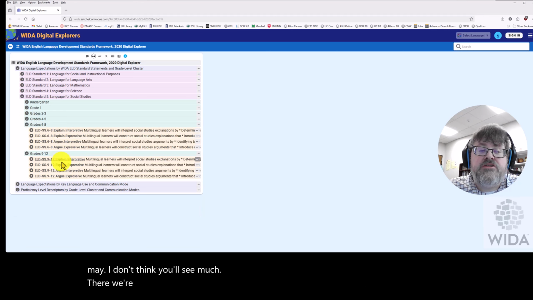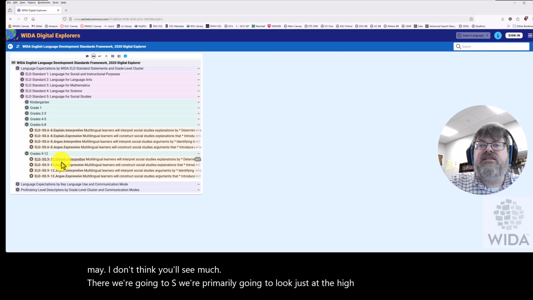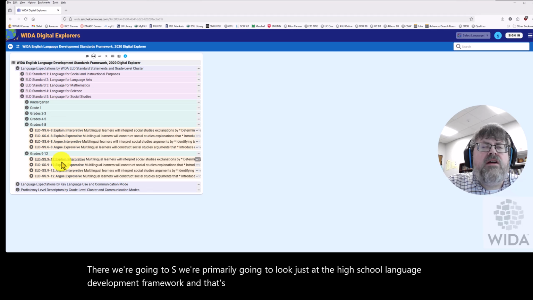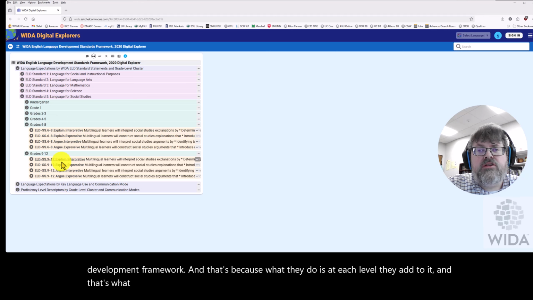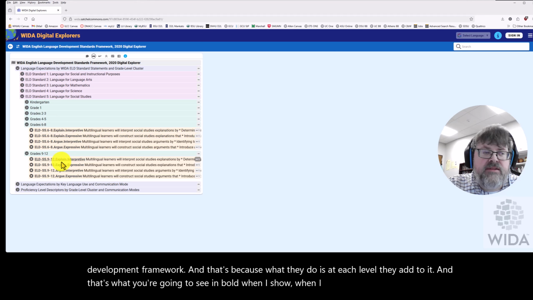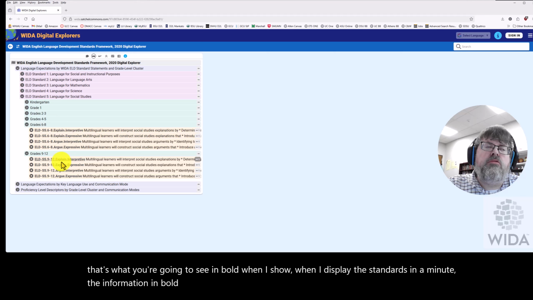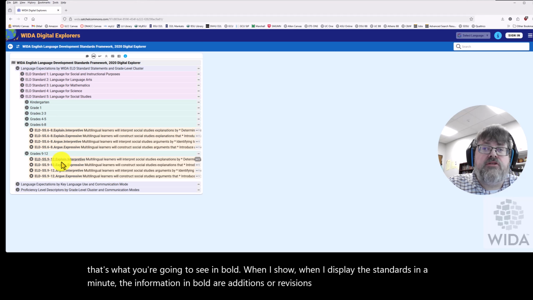We're primarily going to look just at the high school language development framework, and that's because at each level they add to it, and that's what you're going to see in bold when I display the standards in a minute. The information in bold are additions or revisions from the previous grade level.